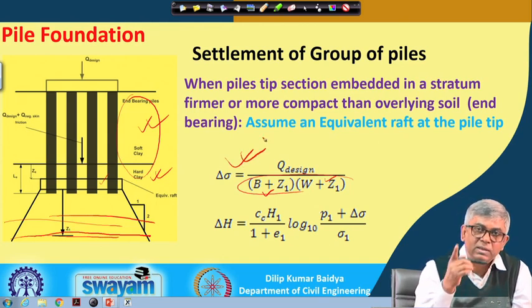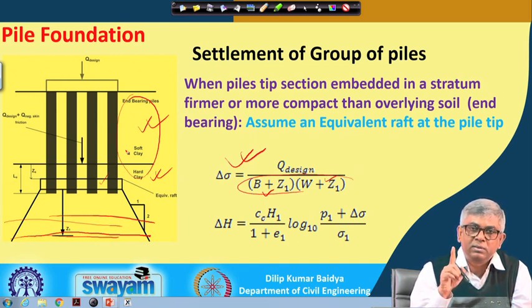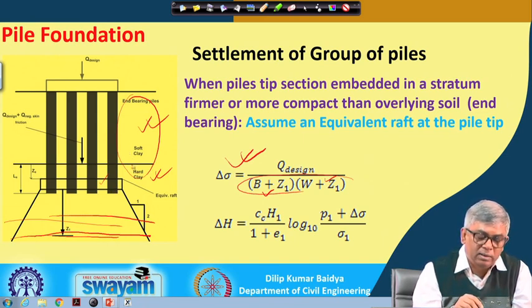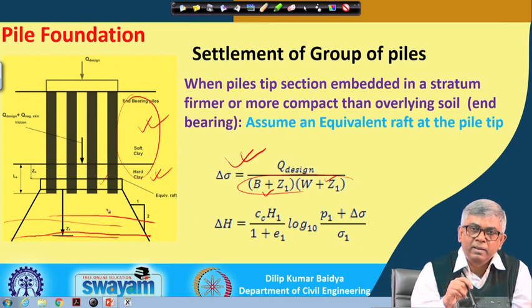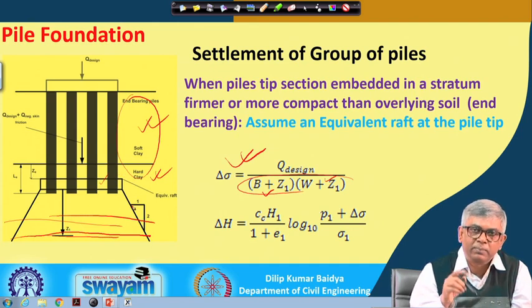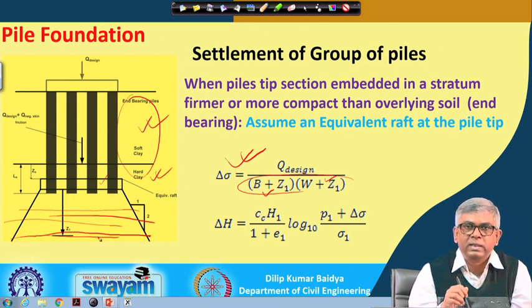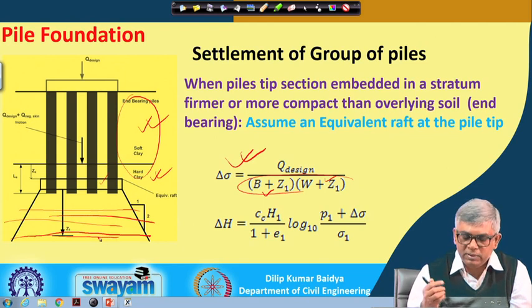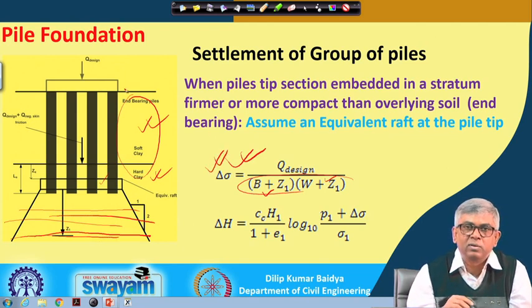Previously we considered the equivalent raft at 2/3 length of the pile, and here, when the pile is embedded in stiff soil, the entire load is transferred at the pile tip, that means end bearing type. Then you have to consider the equivalent raft at the pile tip, and from the pile tip up to the compressible layer we can find out the width and the length, and based on that the delta sigma because of the additional load on the pile.